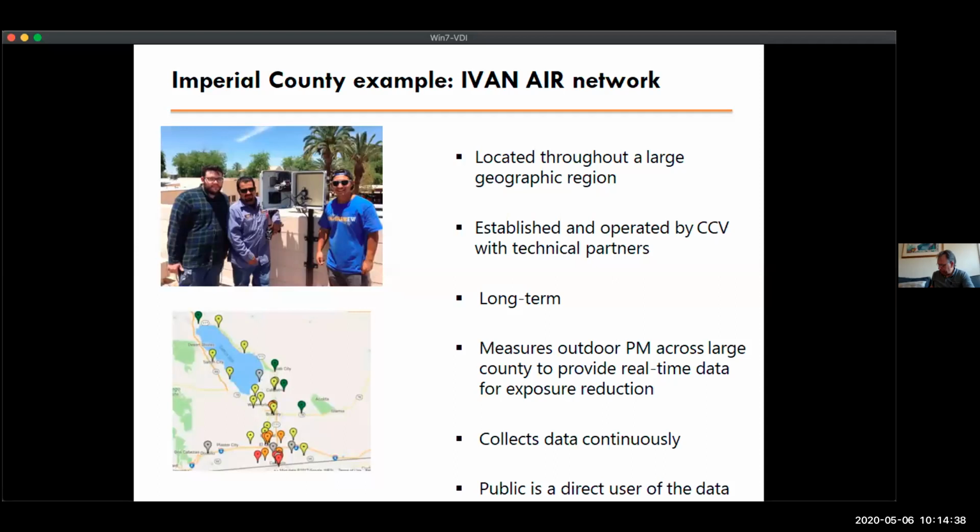It was intended to be a long-term network that focuses on measuring outdoor particulate matter across the county to provide real-time data to reduce exposures in impacted communities, and collects data continuously and shares it on a website that Comité manages, the IVAN Air website. And the public is a direct user of the data that is provided in real time on that website.